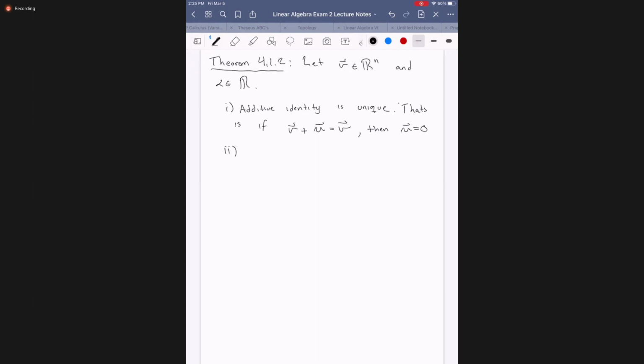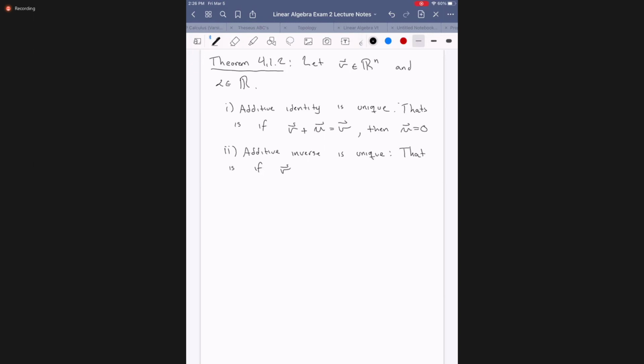Secondly, the additive inverse is unique. Again, that is, the additive inverse for V, the one I showed you in the last theorem.